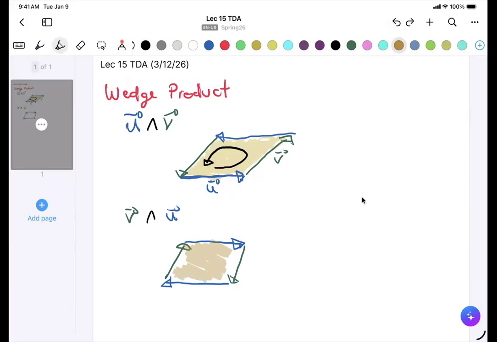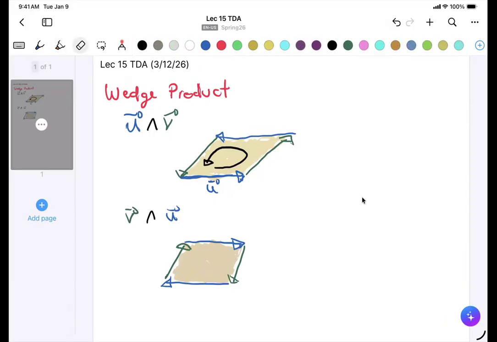The one that you write down first is the one that specifies along which edge you start moving. So you move first along the vector v. That's the idea.